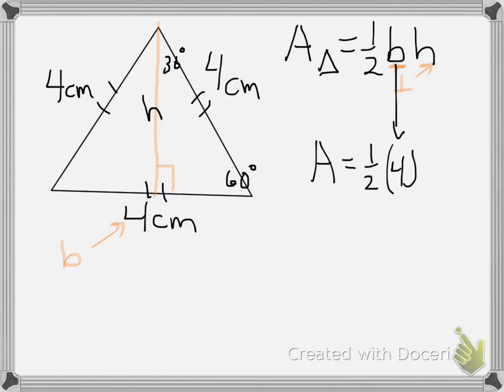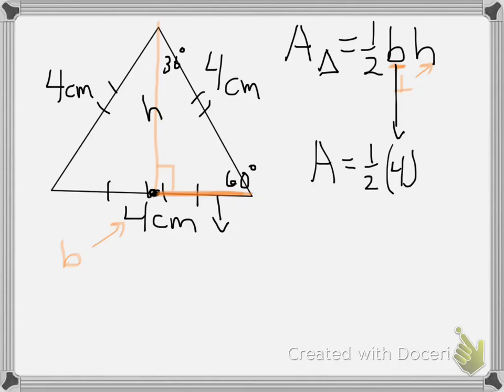Well, remember when we dropped that altitude earlier, we found that this is actually the midpoint right there. And so this piece equals this piece. And the distance along here is half of 4.